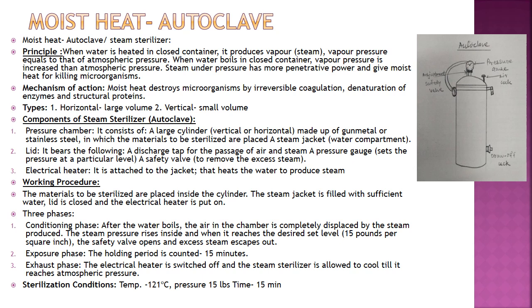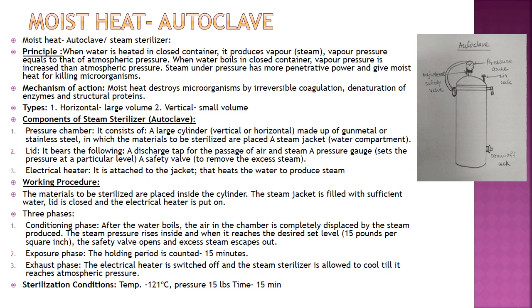It is made up of metal or stainless steel, and it has a steam jacket, that is a water compartment at the bottom. The lid has a discharge tap for passage of air and steam, a pressure gauge for the pressure measurement, and a safety valve to remove the excess steam. An electrical heater is attached to the jacket that heats the water to produce steam.